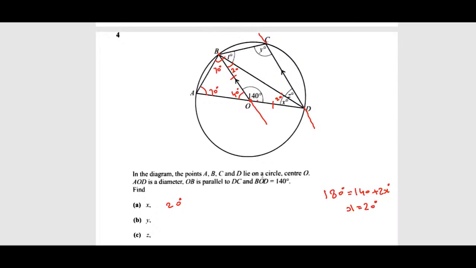Now we need to think about this angle Z. And we certainly can think about it using the concept of two parallel lines that are being cut by a transversal. I'll try extending this. Okay.